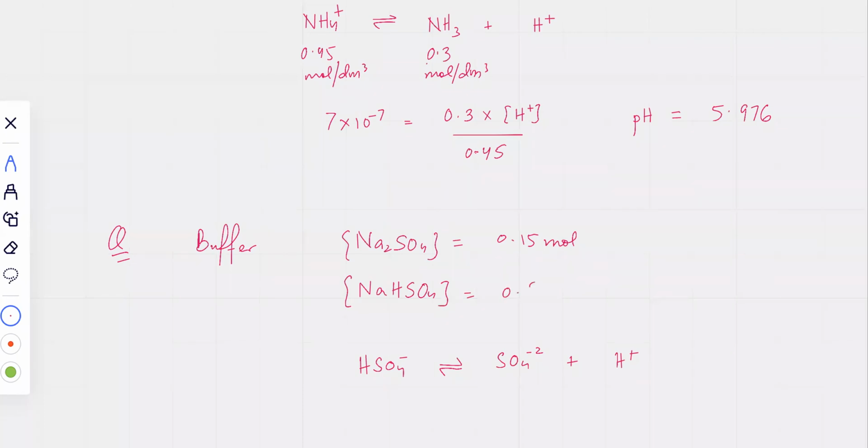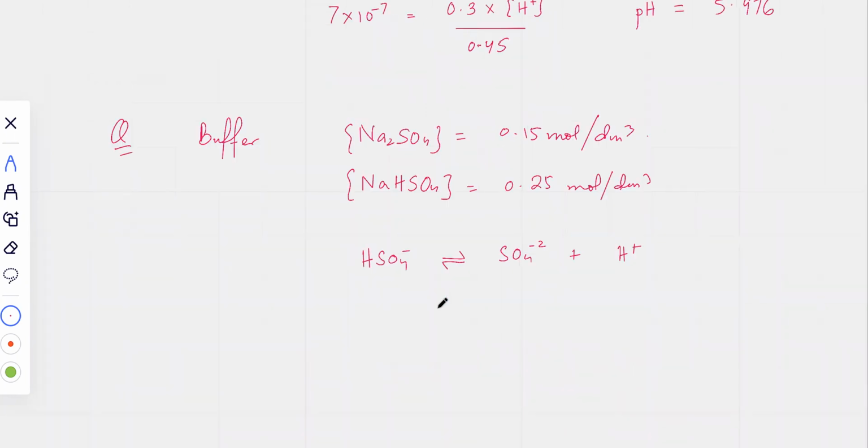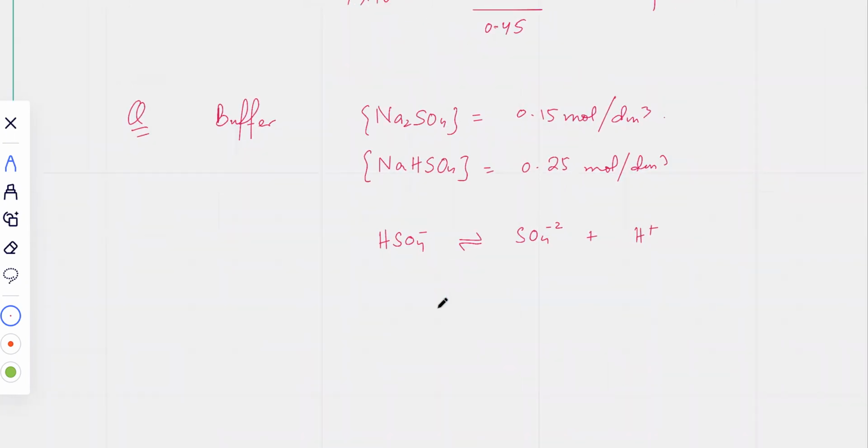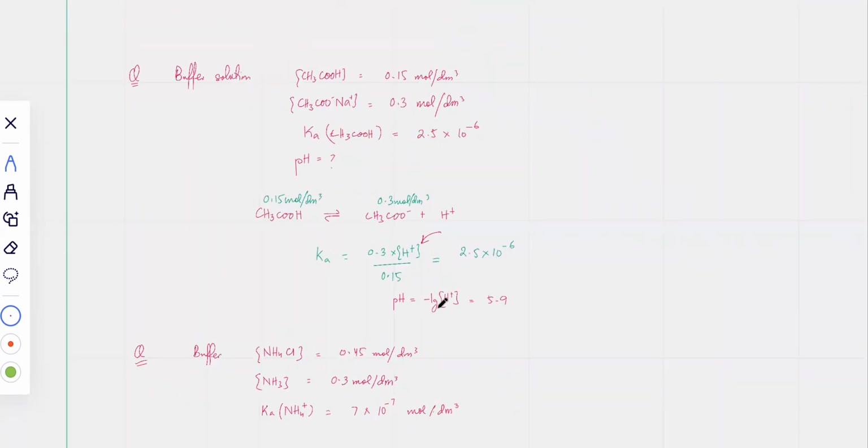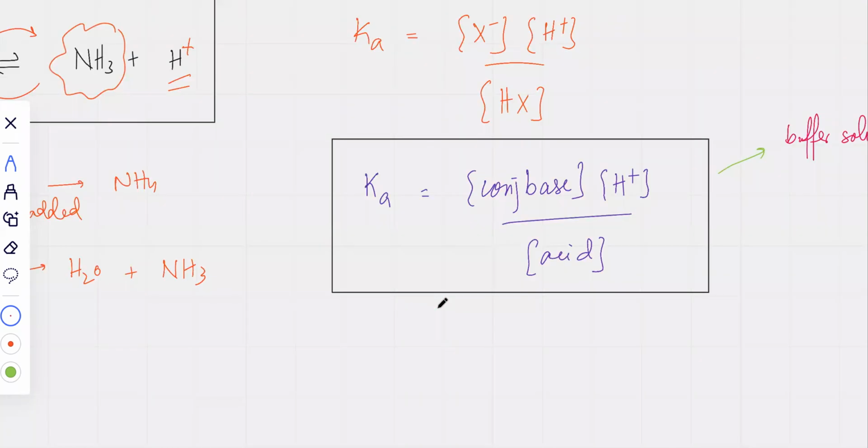So you have to learn how to identify which one is the acid and which one is the conjugate base. Now, most questions are not going to be this straightforward. The expression would be the same. You'll be using the same formula, except they're going to mix it up, a lot of times with a moles question.